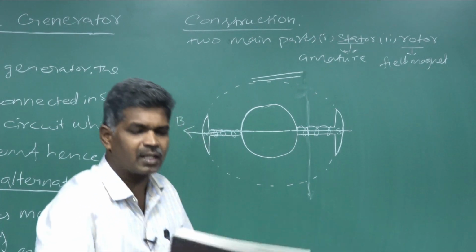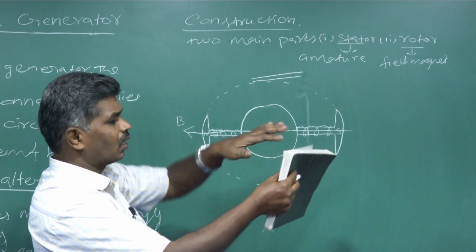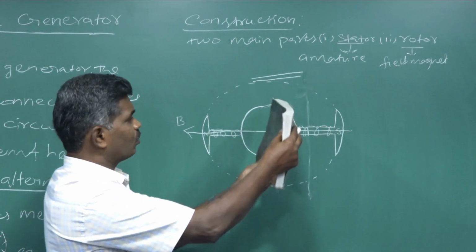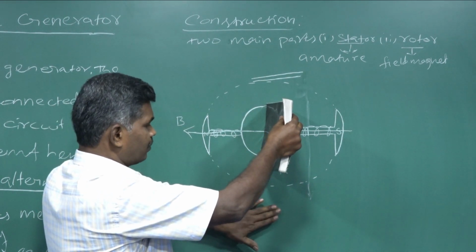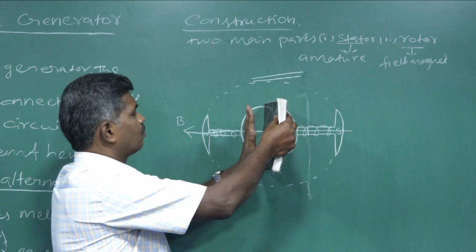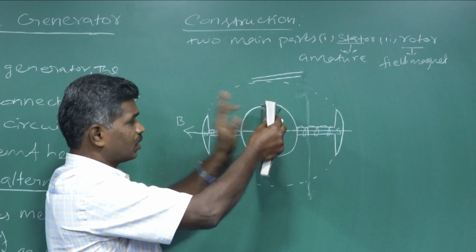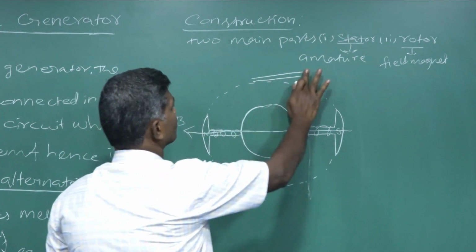This is an upper conductor and a lower conductor, so we are going to place them like this. The plane of the armature is perpendicular. That's why we want to draw the diagram very carefully.